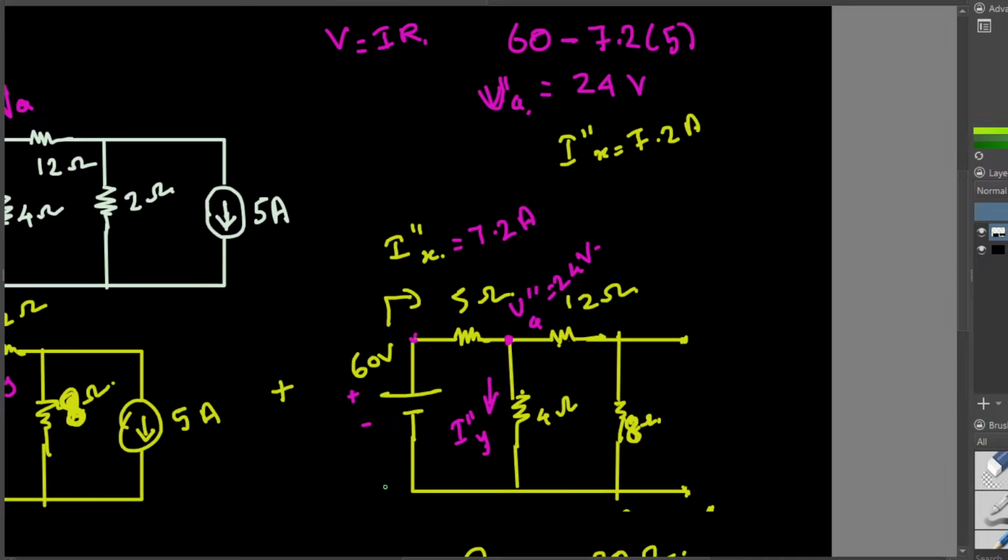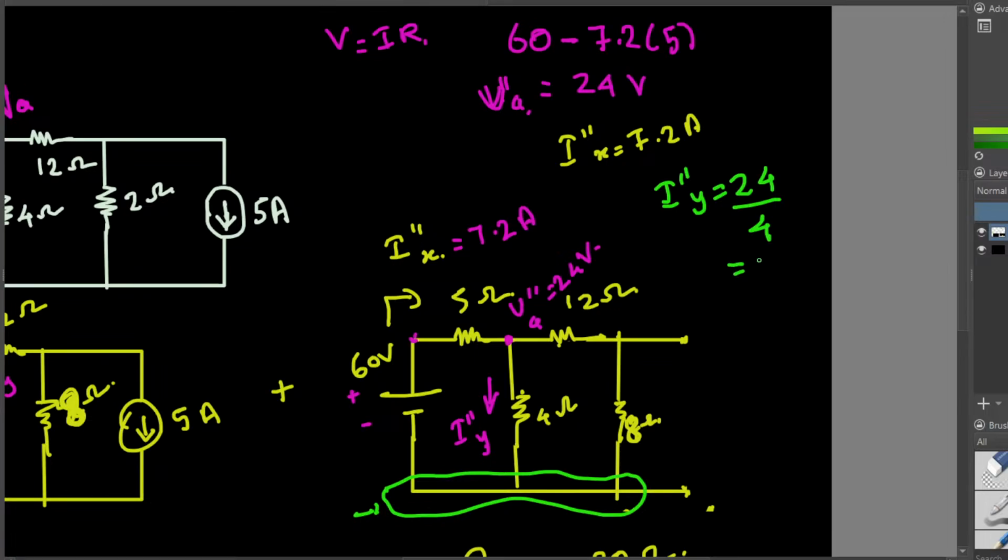Here, the reference voltage is always 0. This is connected to the ground, so this is always 0. So this voltage minus 0, divided by the resistance. So we can just neglect the 0 and say I double prime Y is equivalent to 24 divided by the resistance, that's 4. So 24 divided by 4, that's 6 ampere.